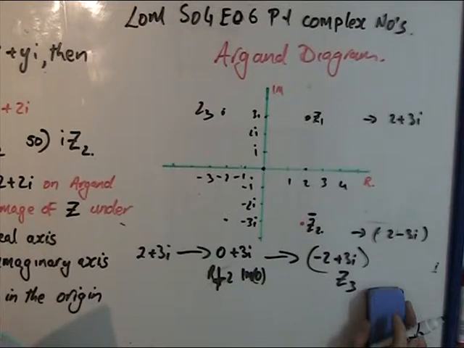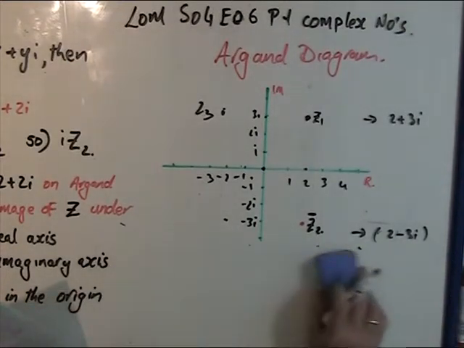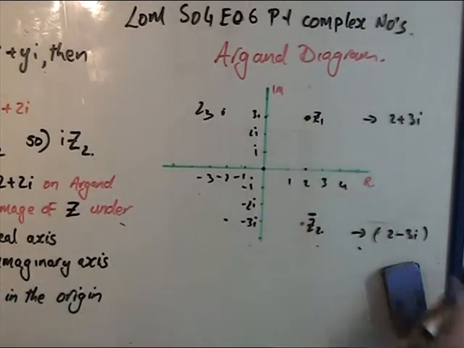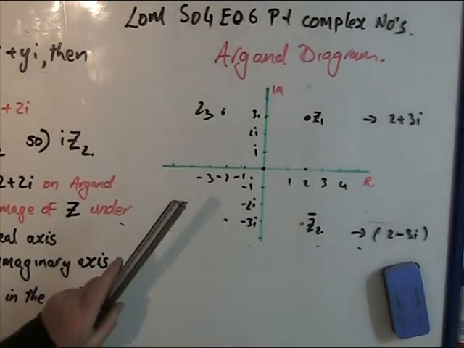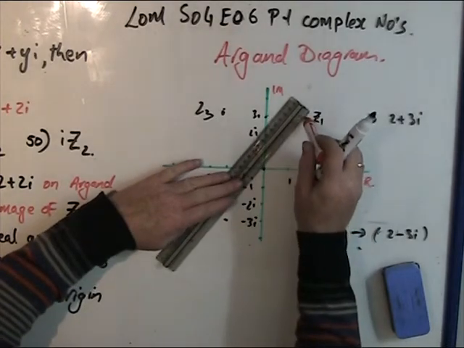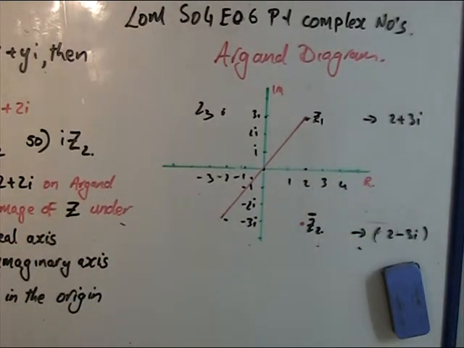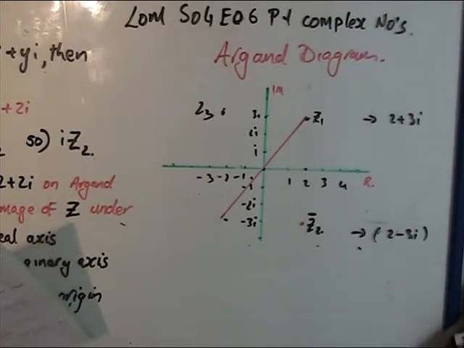Now let's do central symmetry in the origin. Okay, so we'll try and get Z1 through the origin here. Okay, so that means that I'm going to pass it through the origin, and you will be asked this: pass Z1 under central symmetry in the origin.